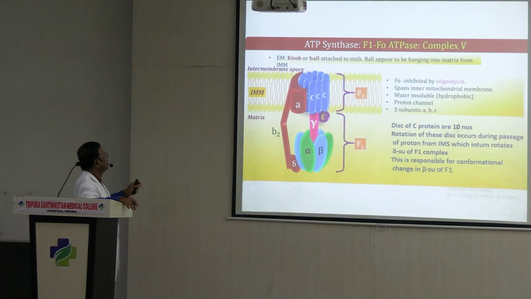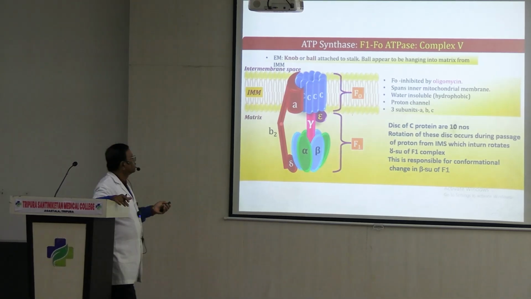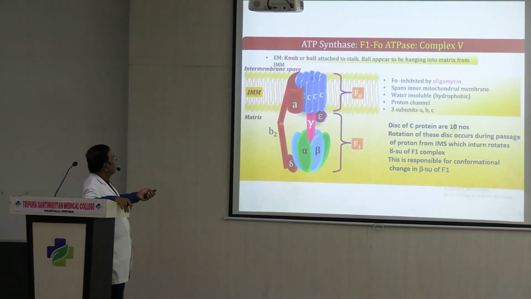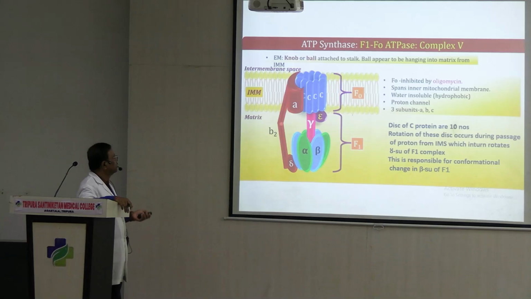Now let's see the machinery which is synthesizing the ATP. It has a knob and ball type of attachment. So this is the ball type and it has two subunits, the FO subunit and the F1 subunit. FO means oligomycin-inhibited subunit. This subunit can be inhibited by oligomycin.